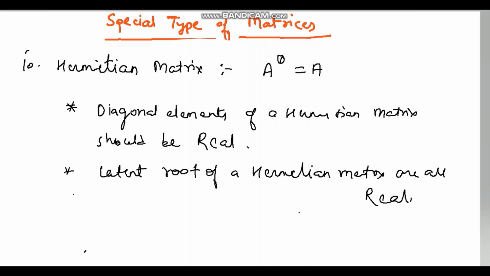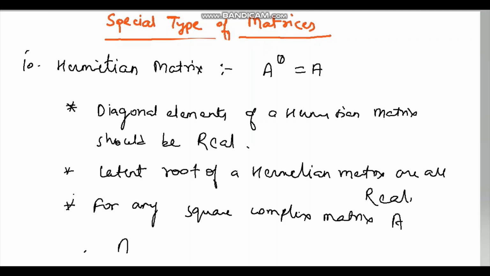Okay friends, we can write it as: for any square complex matrix A, A plus A theta is also a Hermitian matrix. Next we will see its opposite, skew.